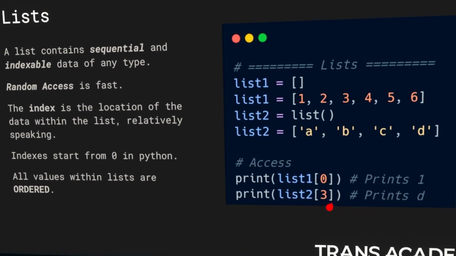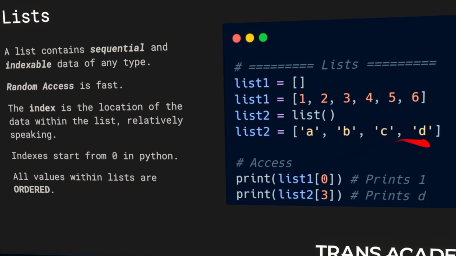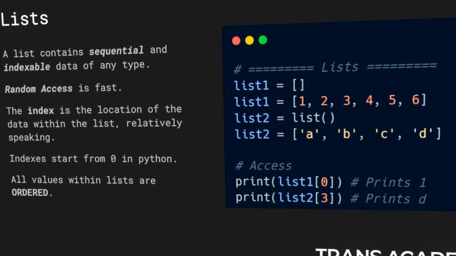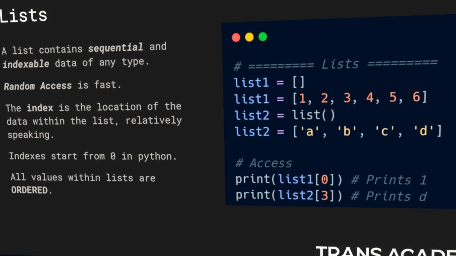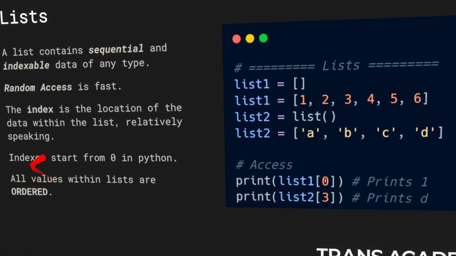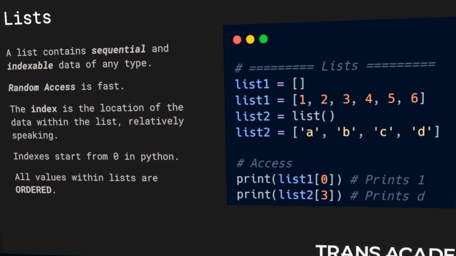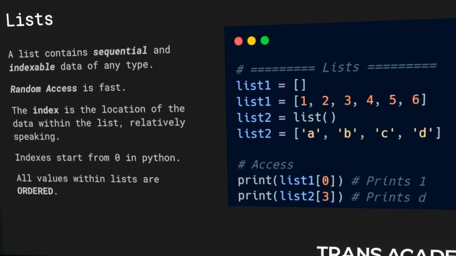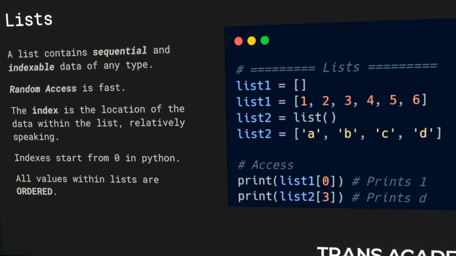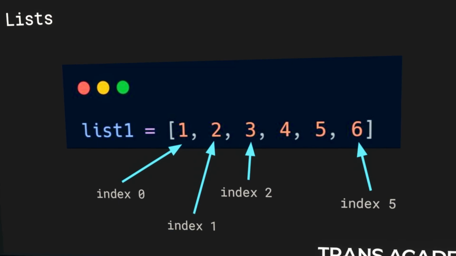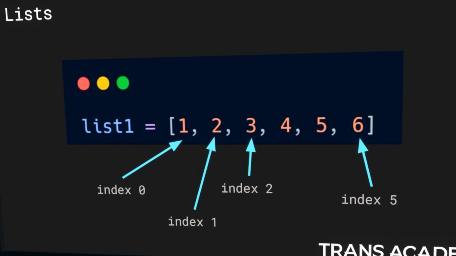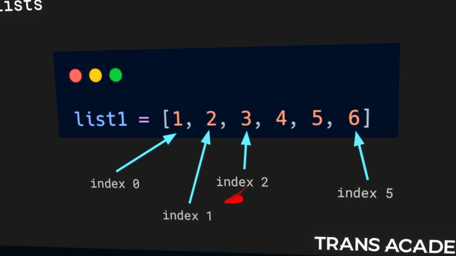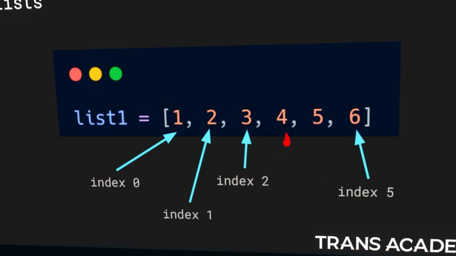If you want to print what's currently at index 3 on list 2, that is going to print D, because indexes in Python start at 0. Lua, for anyone who has programmed in that, starts at 1. That is very fun, because you look at the code and you're like, why did this just crash? So to show us a little bit: index 0, 1, 2, and 5. This, of course, is 3 and 4.